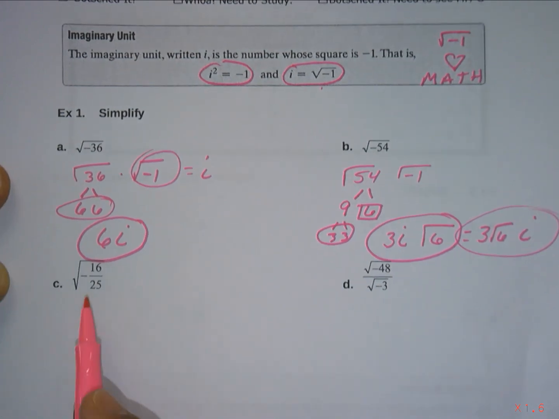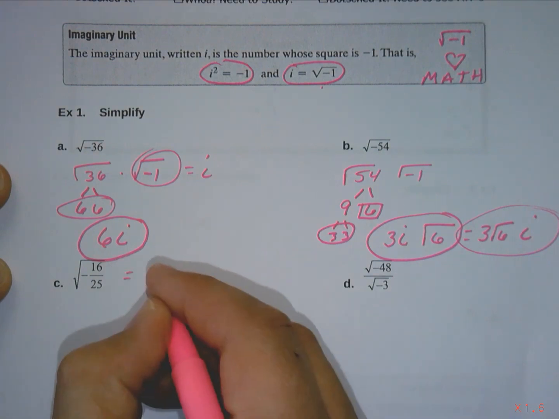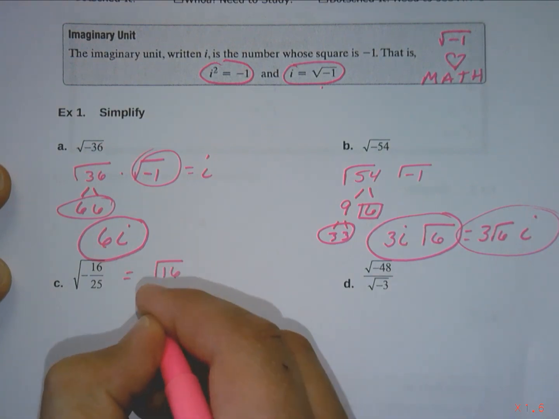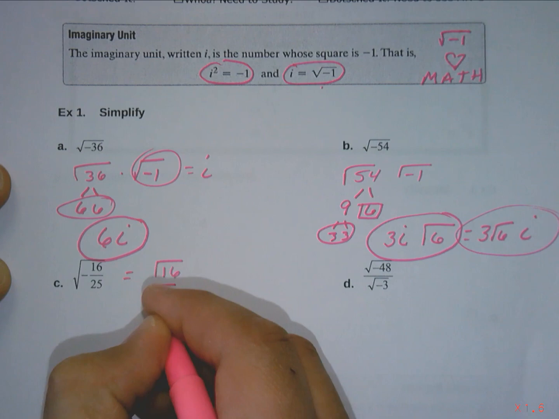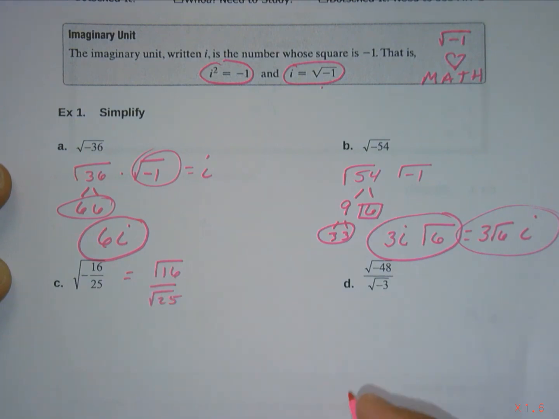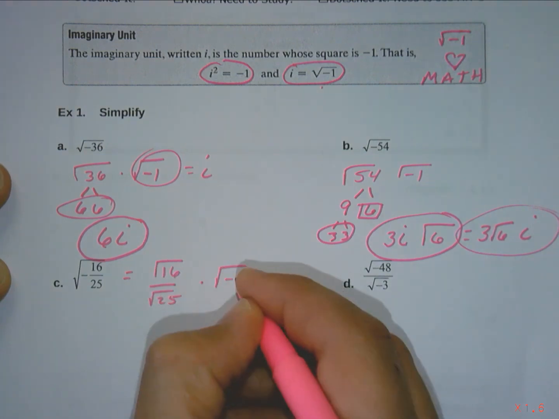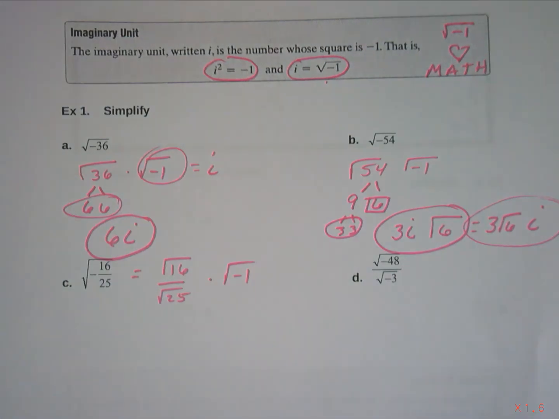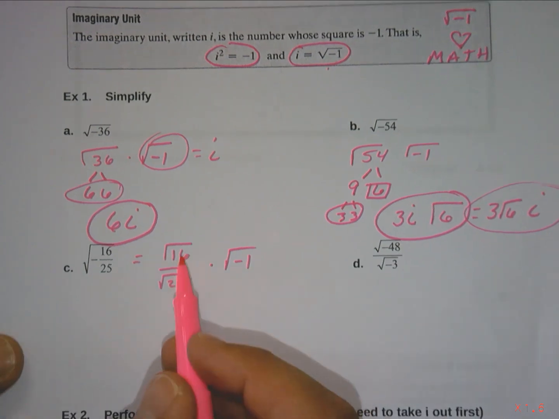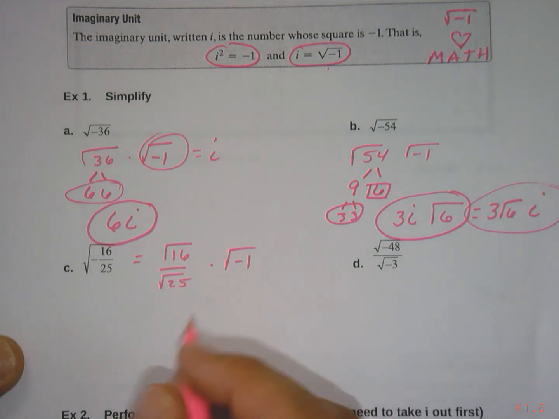All right, so we take a look at the next one. Again, same idea. This is the square root of 16 over 25, or the square root of 16 over the square root of 25, and then times the square root of -1. So far, so good. All right, so what's the square root of 16? 4.